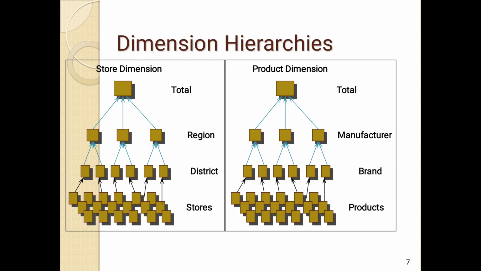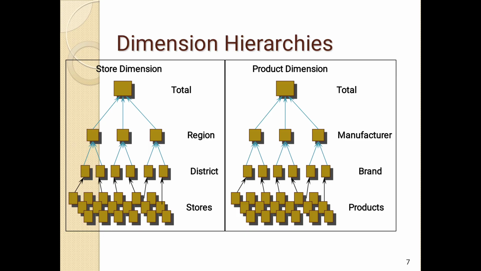Next, product dimension. So see, product dimensions. What are the products I'm having? Which brand the products are? Next, from which manufacturer I'm getting the products. Whether I'm owning the manufacturer, manufacturing the product myself, or I'm getting it from another manufacturer, I need those details also, right?